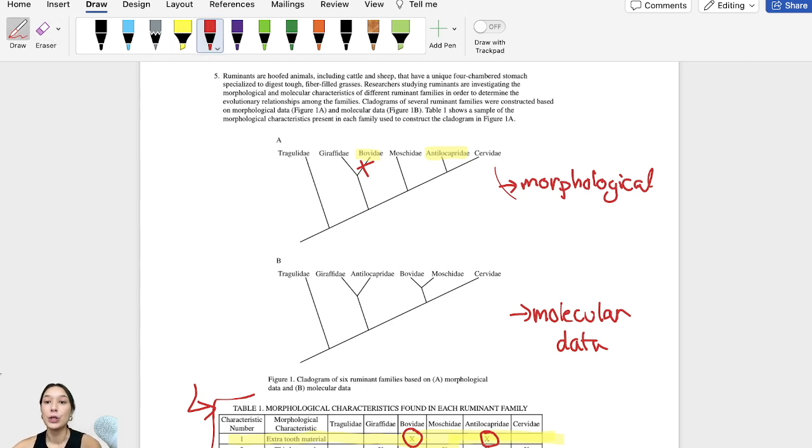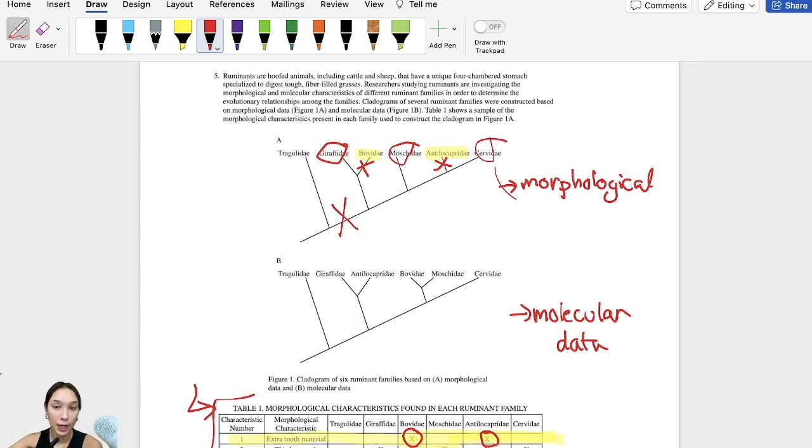However, you have this Antilocapridae, which also has extra tooth material. So for this one, you actually have to draw 2 X's in this case. Right here is what developed, right? Because this is also the only one affected. Now, despite the fact that both of these do have extra tooth material, I cannot put the X here because that would mean that Giraffidae, Moschidae, and Cervidae would also have extra tooth material.